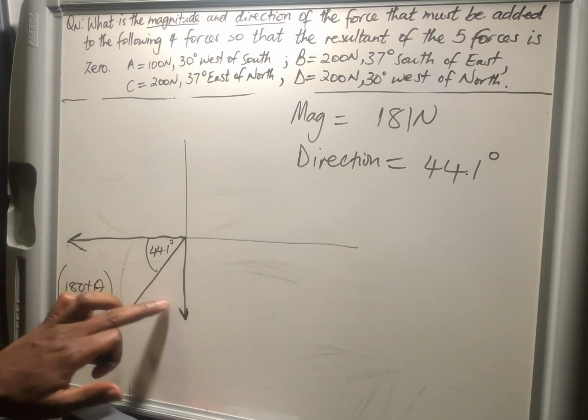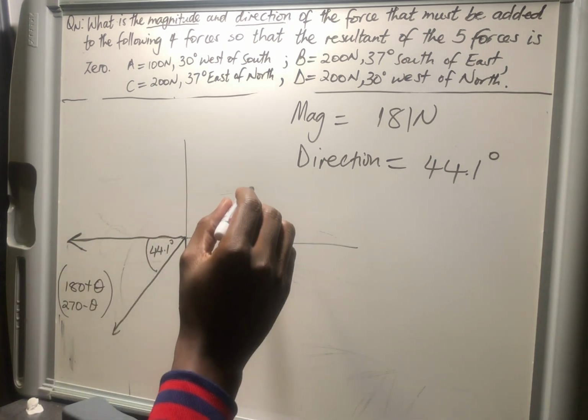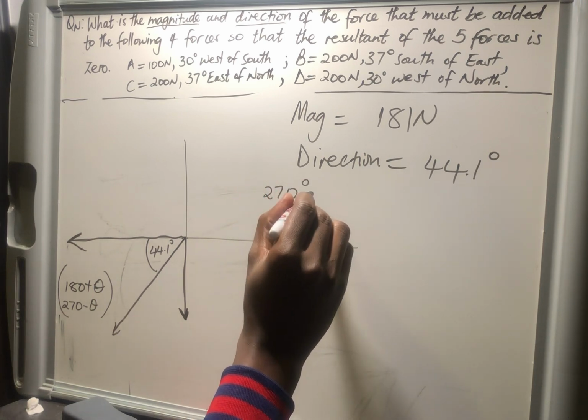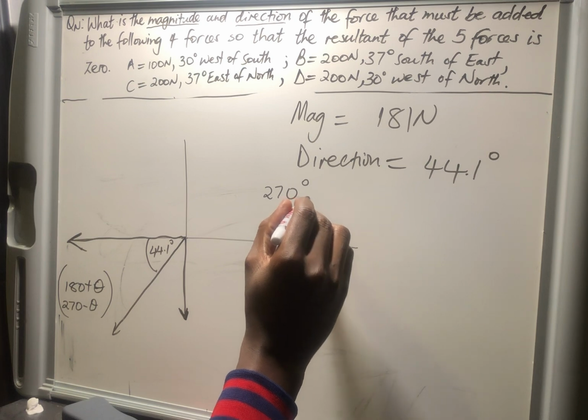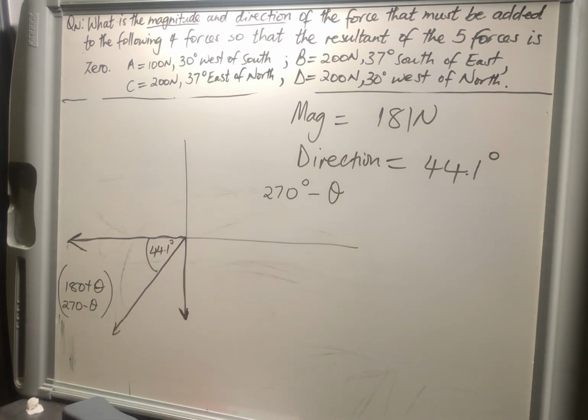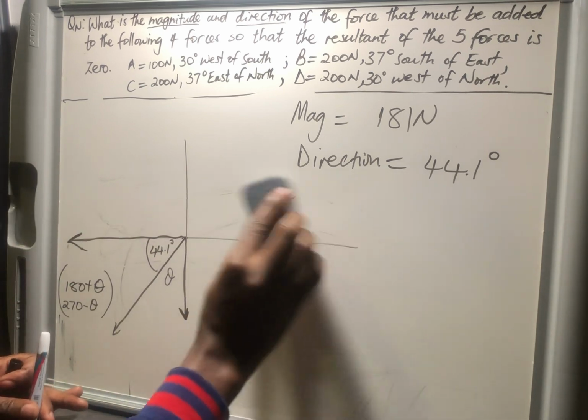So the actual angle for the direction is given by 270 degrees minus theta. But in this case, this is the theta, so let's not use this one. Let's use the first one. Sorry for that.